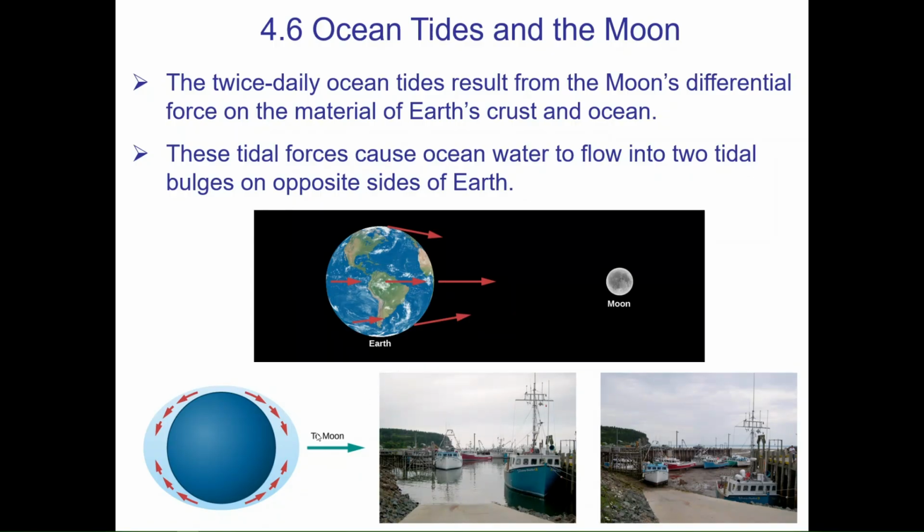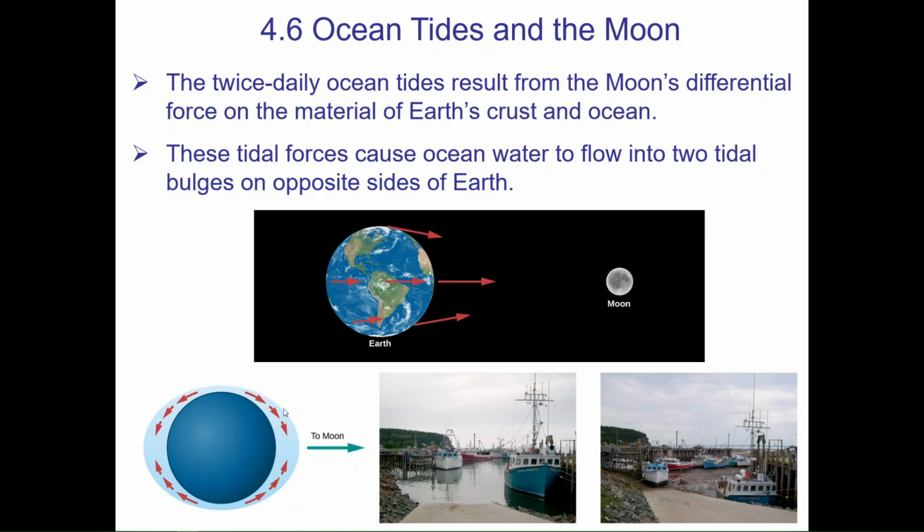Therefore, the Earth's overall shape is stretched. It is stretched harder on the side closer to the moon, and left behind on the opposite side. Remember, the entire Earth is also stretched a little bit, but left behind on the opposite side. So it's like you are stretching hard on the front, but holding back the opposite side.